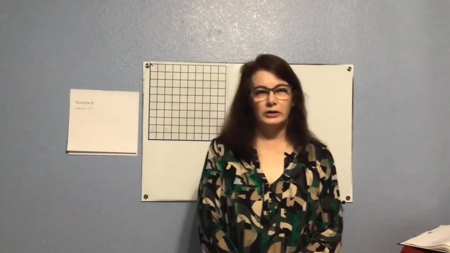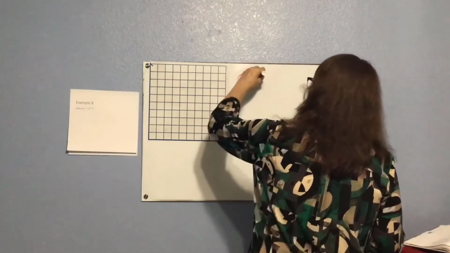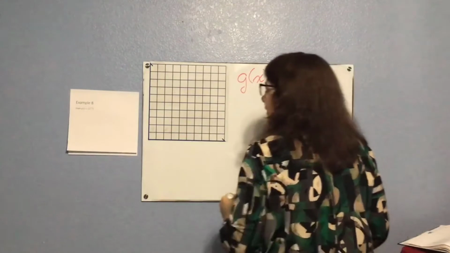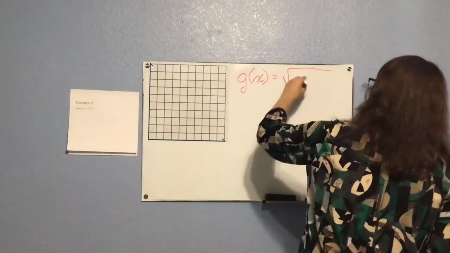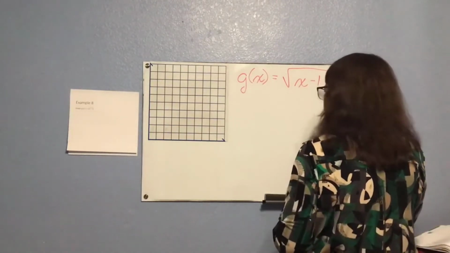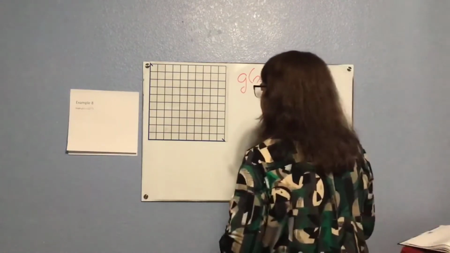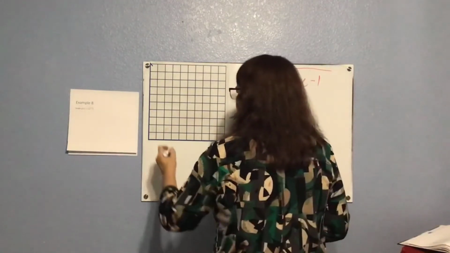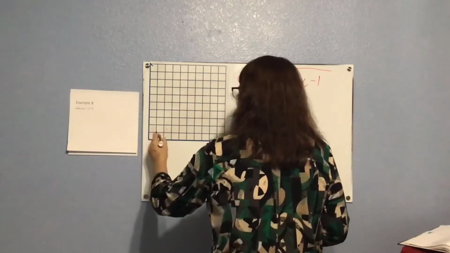Let's look now at the graph of a square root function. Here's my function, g of x is equal to the square root of x minus 1. And I might know that the square root function would look something like this.